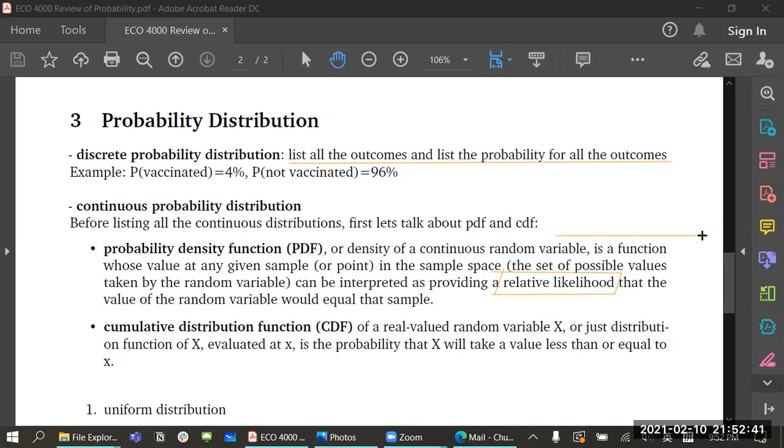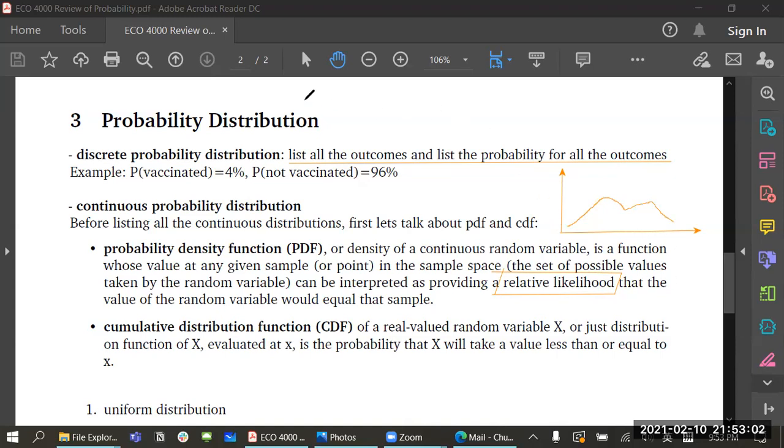Basically, you have an axis, and then you have another axis. You have a PDF that looks like this.